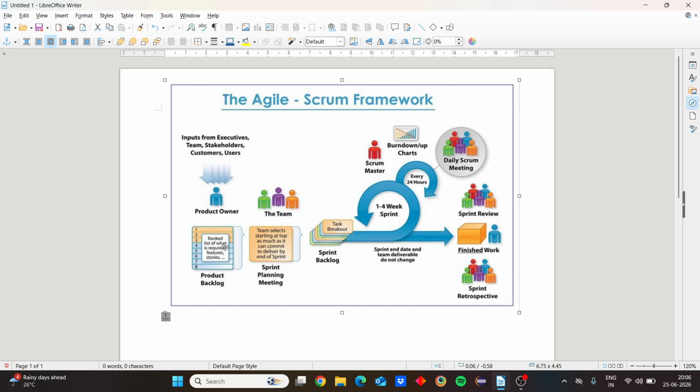What is the product backlog? The product backlog is a kind of document, or a kind of Excel file. The product backlog contains all the stories and all the requirements defined by the product owner.